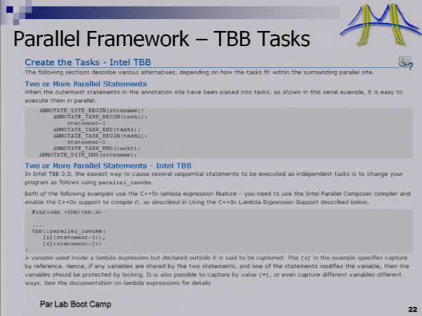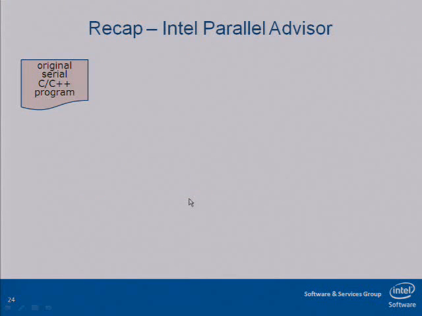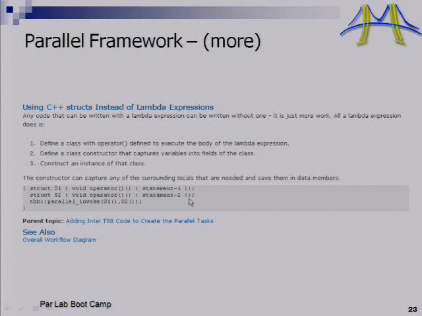If you have a sequence of tasks, here's two tasks. For TBB, you would use the parallel invoke, and again, you could use lambda expressions to make it very simple. And if you don't have lambda expressions, you have to use functors, and Michael was showing the details of what functors look like.